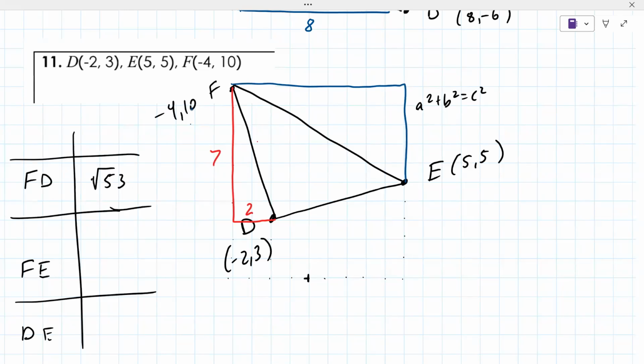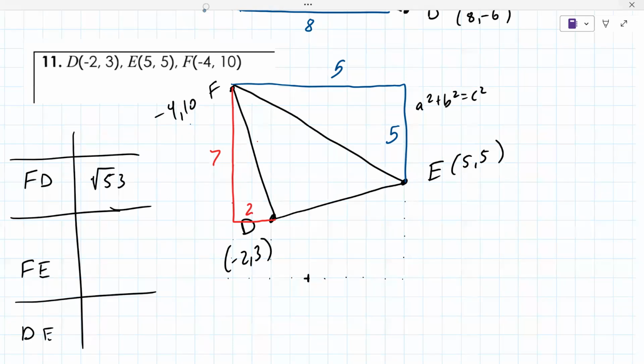We've got 5 and 5 on that one. It would be the square root of 50.